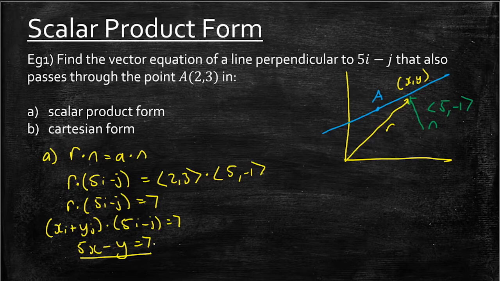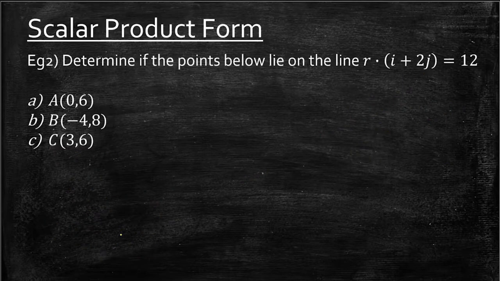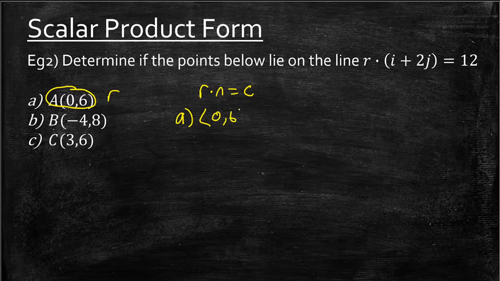Next question is going to be determine if the points below lie on this line. Okay, now we know that for points to lie on a line, they must satisfy that r dot n equals some constant c. All right, and we're going to be substituting in these values for r. For the first one, I'm just going to write these as vectors now. We'll do a first. So the point that we're going to try first on the line, because remember r is any point on the line, so we're going to substitute in these points on the line, is 0, 6.